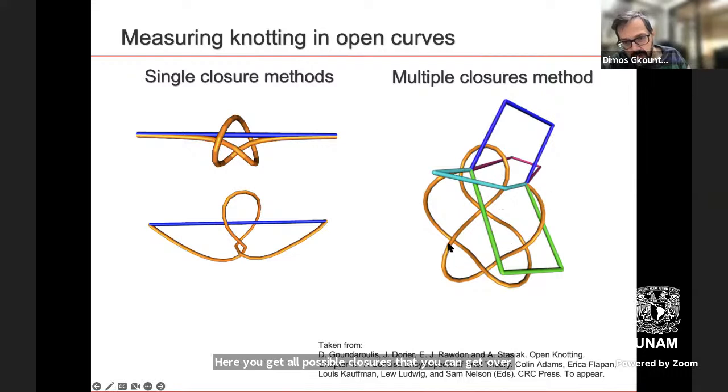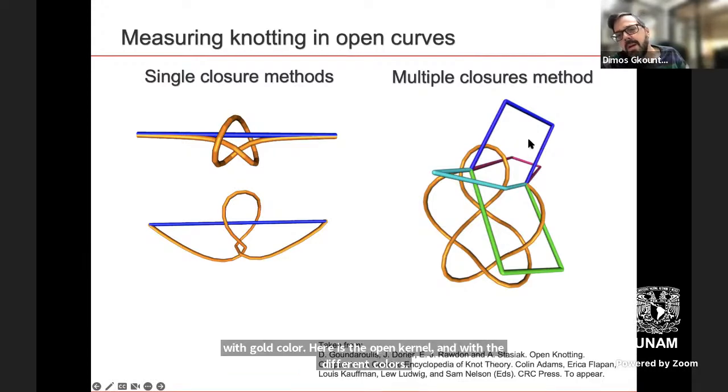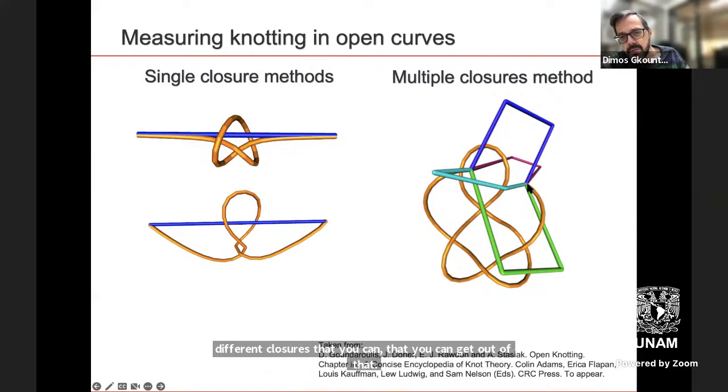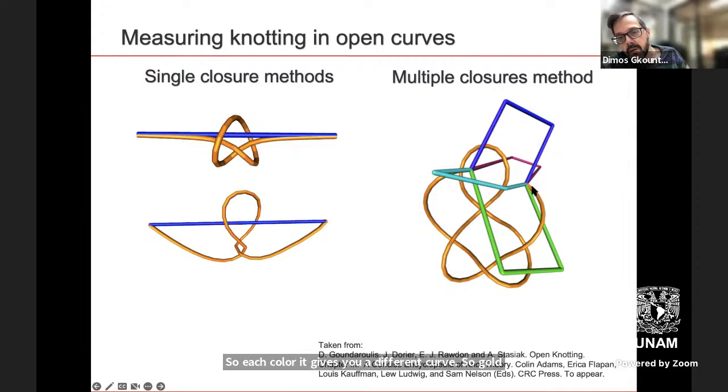With gold color here is the open curve, and with the different colors are some of the different closures that you can get out of that. So each color gives you a different curve. The gold curve with the blue one is one curve, the gold curve with the magenta is another curve that you can get. You get multiple closures, okay?